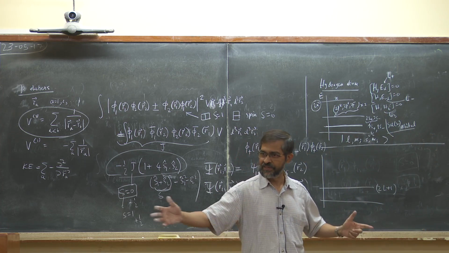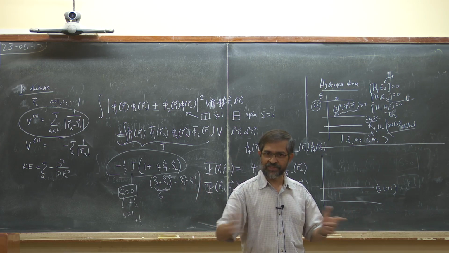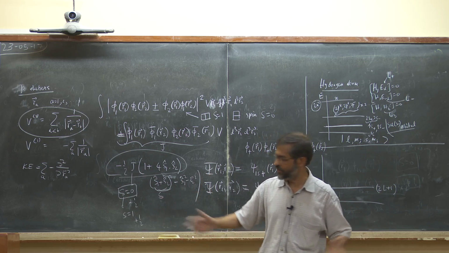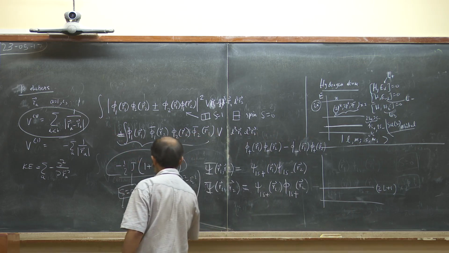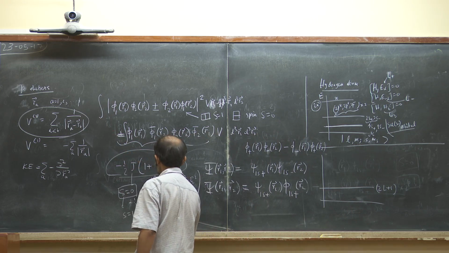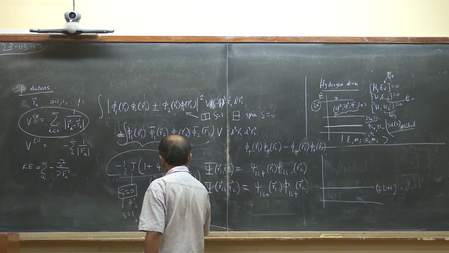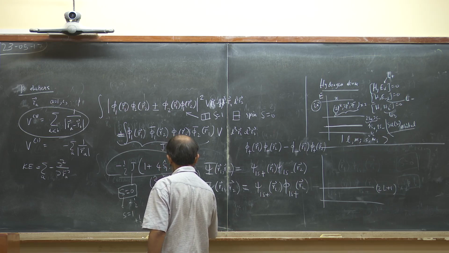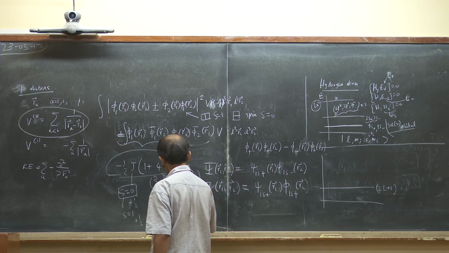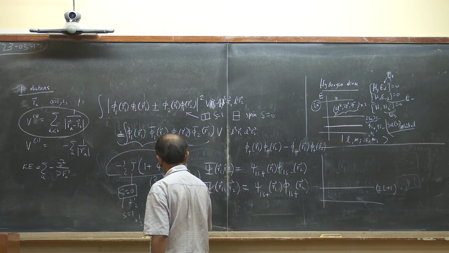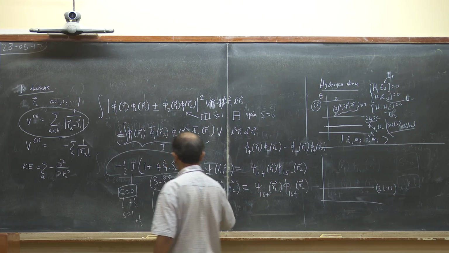Just like various orbital angular momenta, only the sum of the various angular momenta is conserved. So this is for two particles I showed, but in general it is the sum of the spins of all the particles, A equal to 1 to p. This is what is conserved.